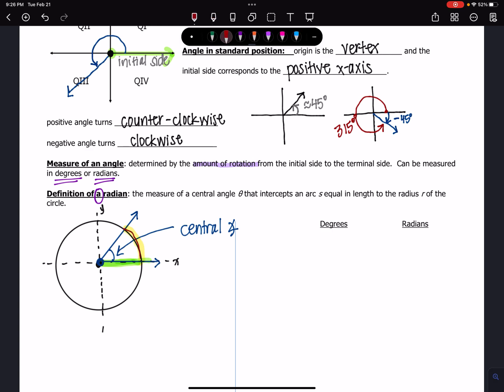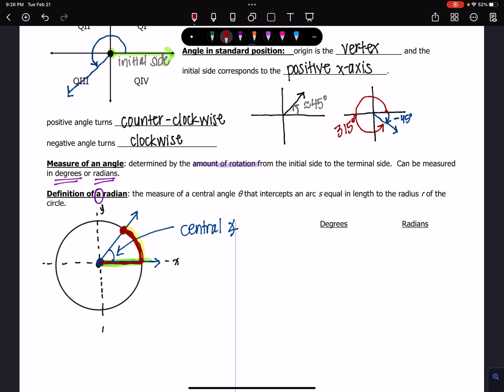If I were to take a string and measure that arc, just measure the arc from beginning to end, the measure of that arc would equal 1 radius.